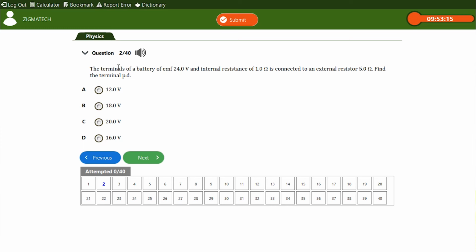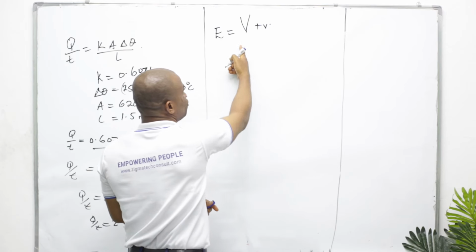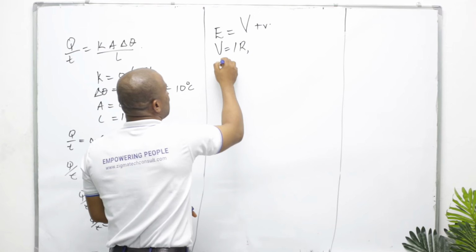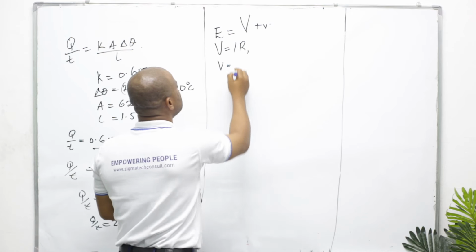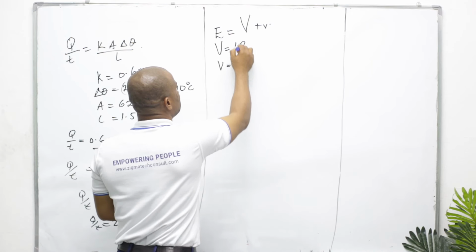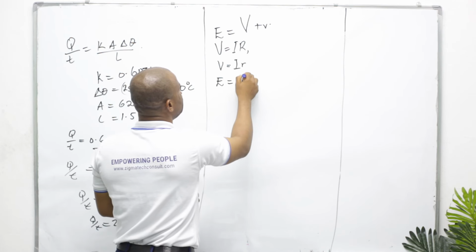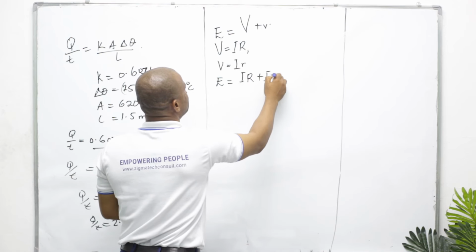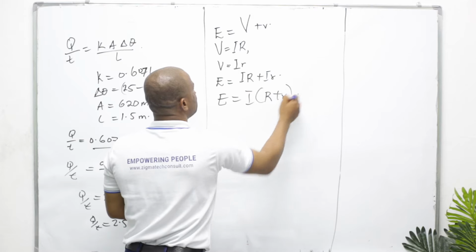In this question, we are talking about the electromotive force, which is given as capital V plus small v, where capital V is given as IR, and small v is called lost voltage, which is I small r. So E is equal to IR plus I small r, which is I times R plus small r.